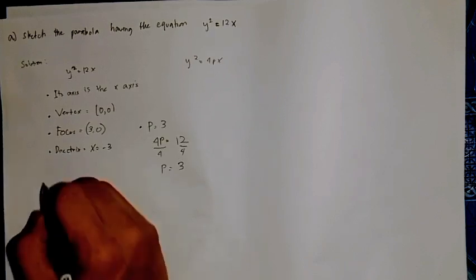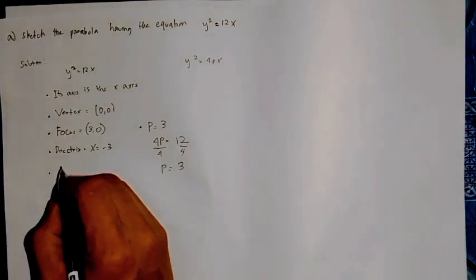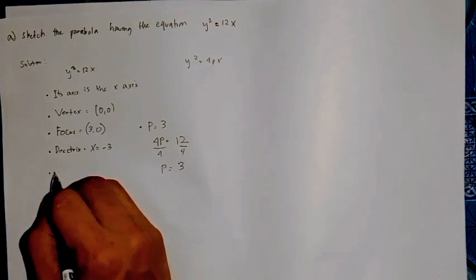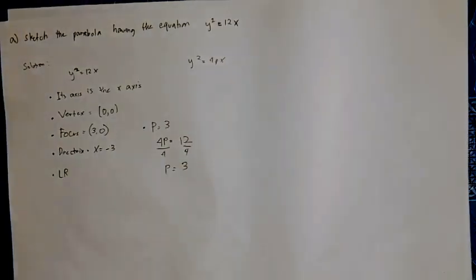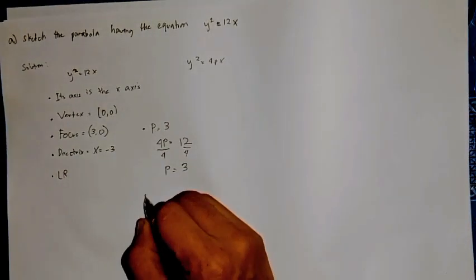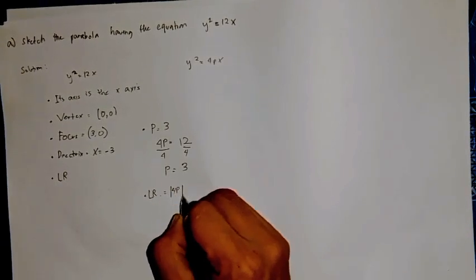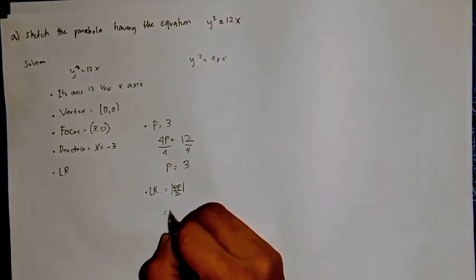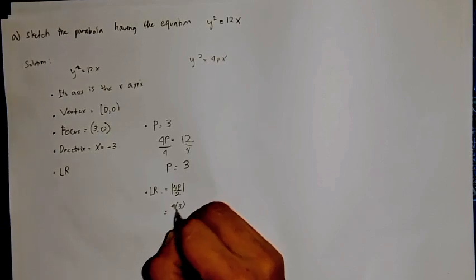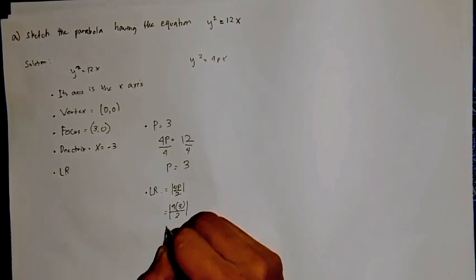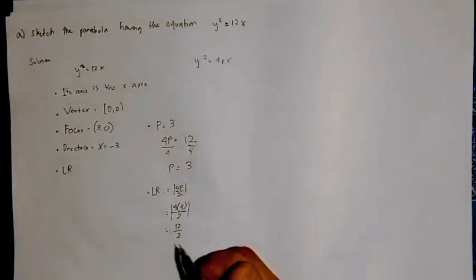Next, we will find the endpoints of the latus rectum. To find the latus rectum, we will use the formula: absolute value of 4p over 2. So 4 times p, which is 3, is 12, and 12 over 2 is equal to 6.